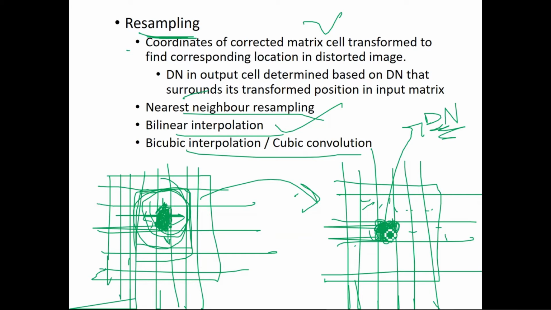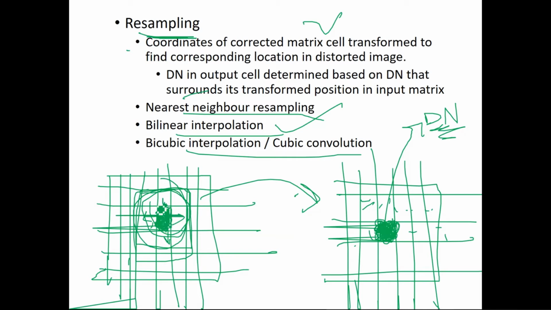That is bilinear interpolation. This gives a smoother output image, but there will be slight gray level alterations compared to nearest neighbor resampling. Of course, it is obvious, isn't it? Because you are considering the average of the four nearest pixels instead of the most adjacent pixel.